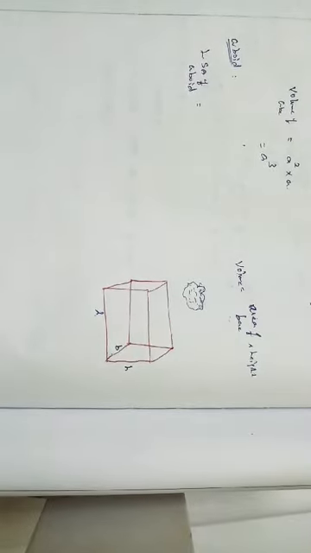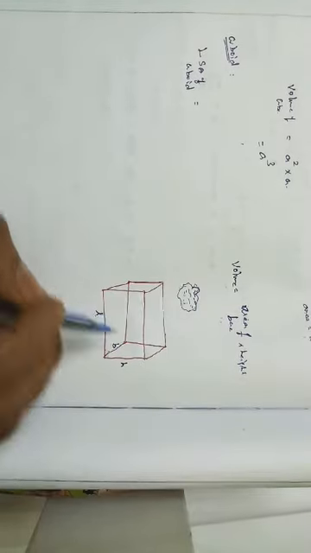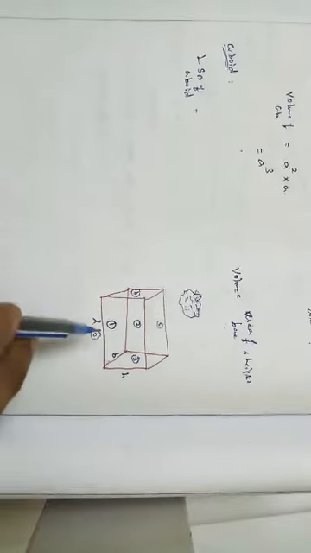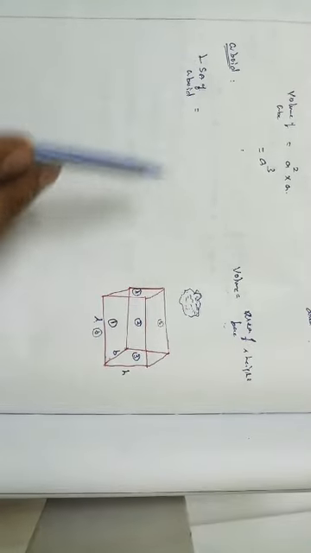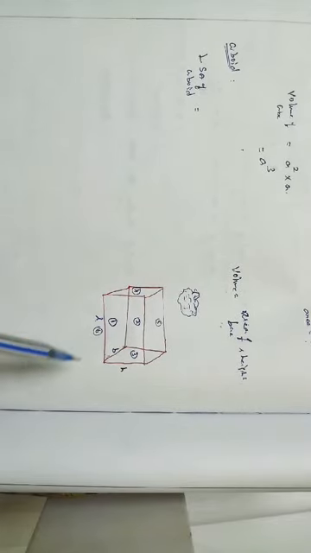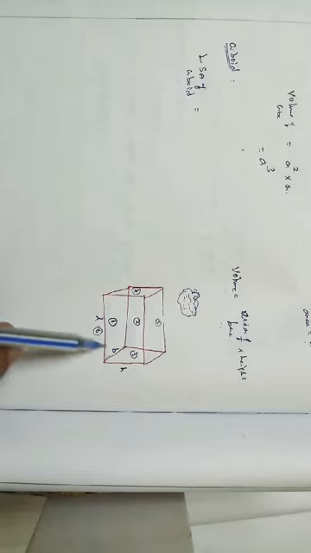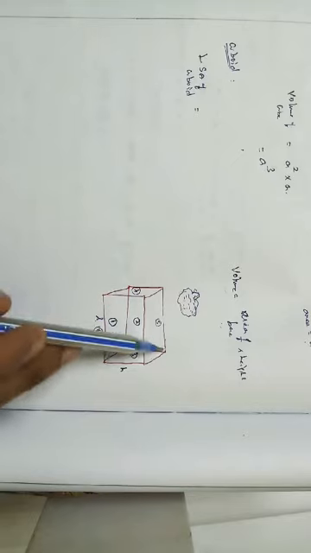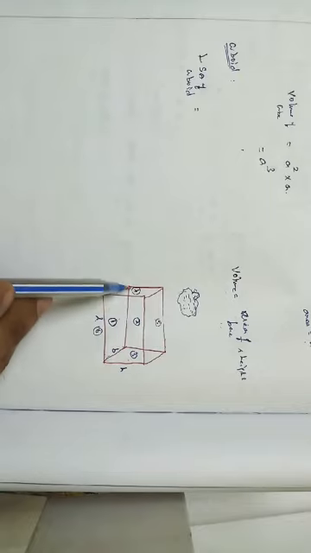Totally we have six rectangles, but now we're finding only the LSA, just leaving the fifth and sixth. Removing top and bottom, the remaining is area of rectangle 1 plus area of rectangle 2, and these two are the same rectangles. Area of rectangle 3 and area of rectangle 4 are also the same.